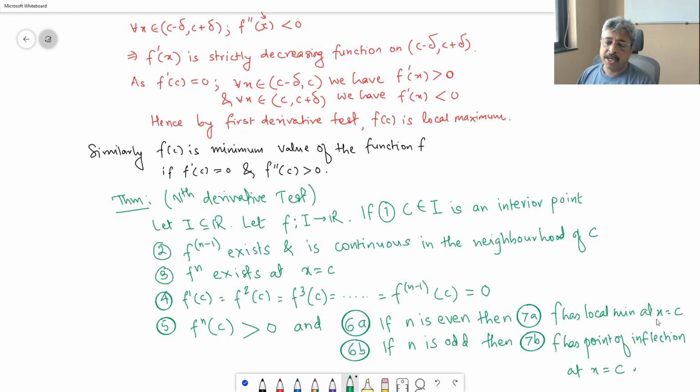So for the first part of this nth derivative test, if we put n is equal to 2, then it is the second order derivative test which we have already proved. So check whether you can complete this proof, and it is something similar to just now. I will give you sufficient time.